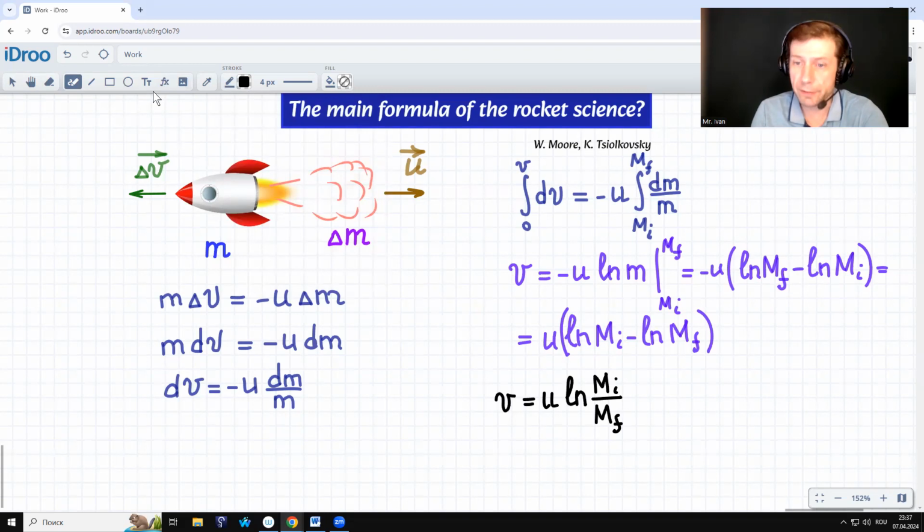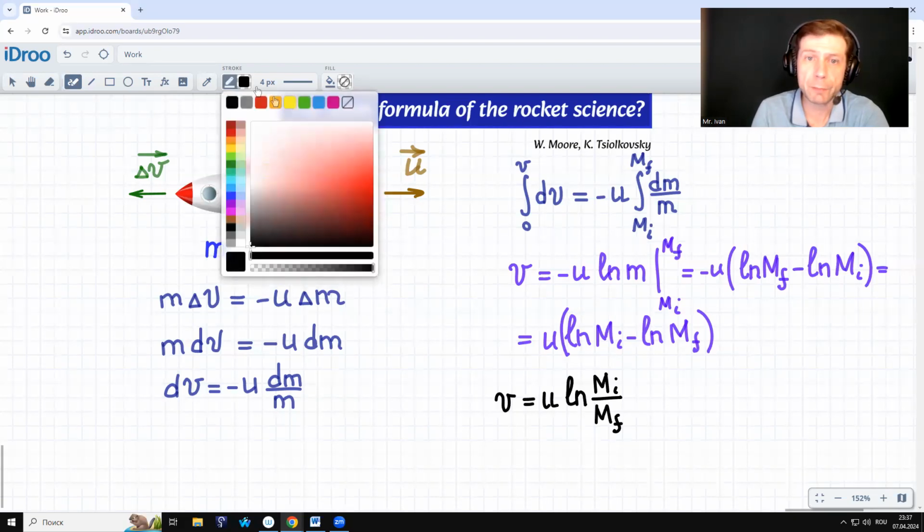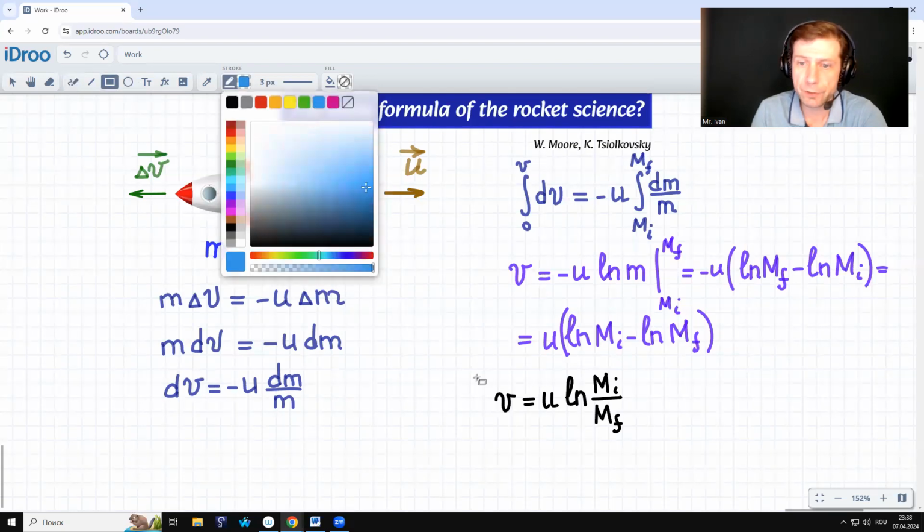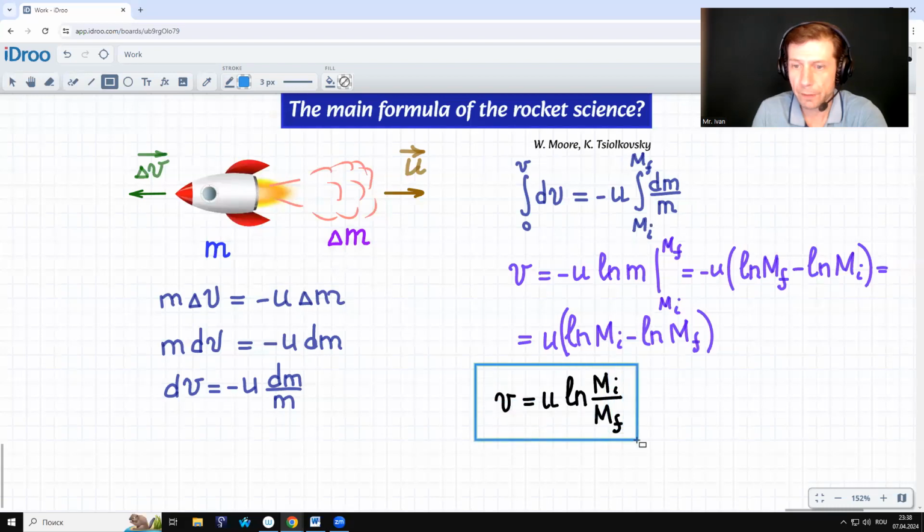And thus we could see the limits we have with this type of propulsion. Let me take it into a frame because it's pretty important.